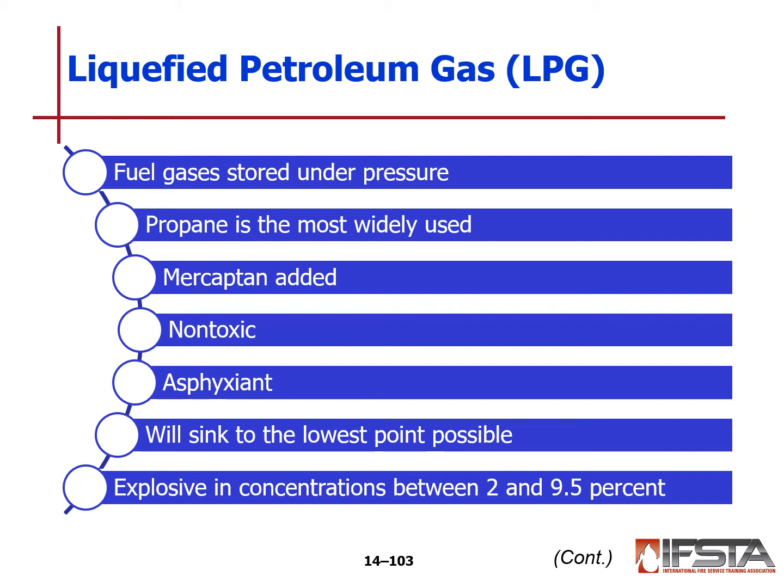Propane is also non-toxic, but can be an asphyxiant. Again, if it fills an area, it can push away the oxygen that is needed to breathe. This, although, will sink to the lowest point possible, which is different from natural gas. It can be explosive in concentrations between 2 and 9.5%. Not as wide a range as natural gas, but wide enough.